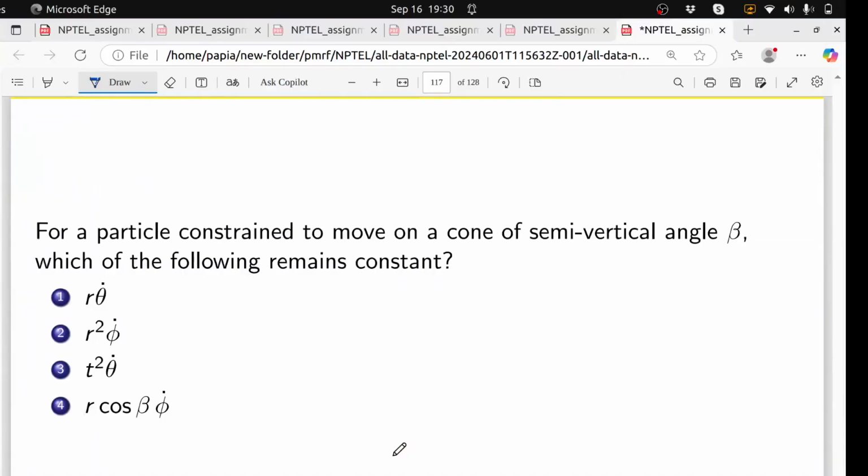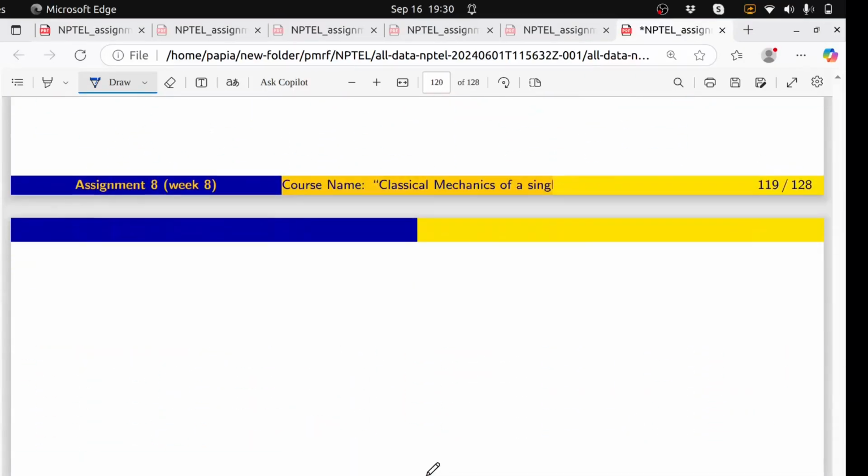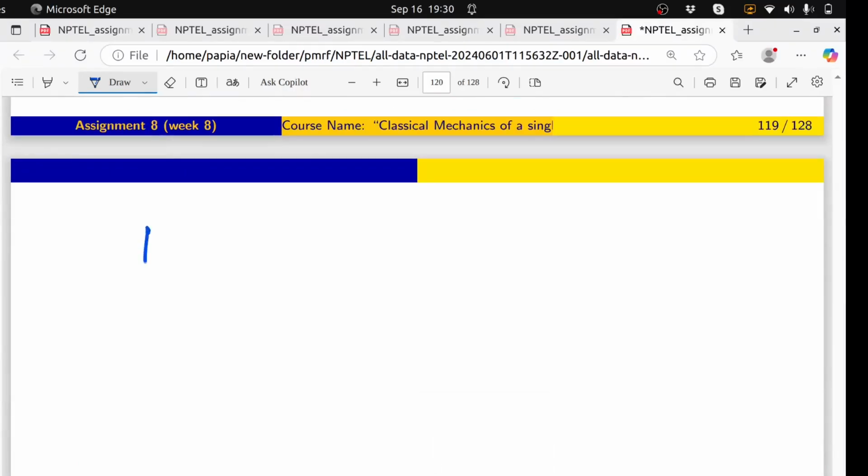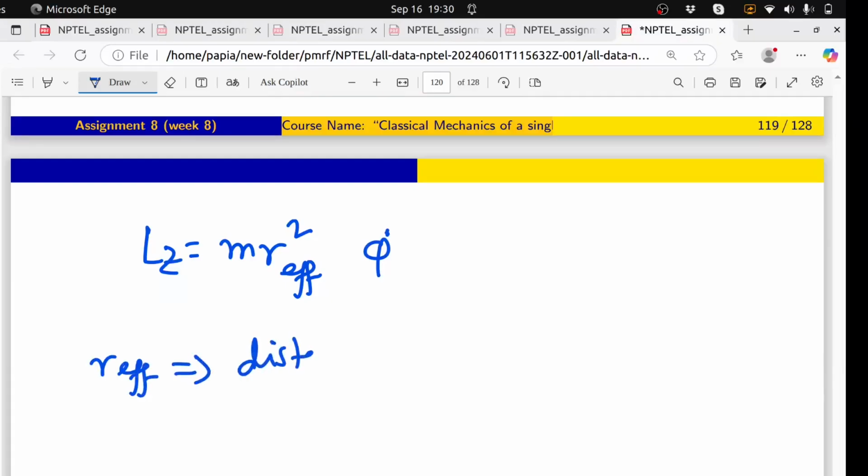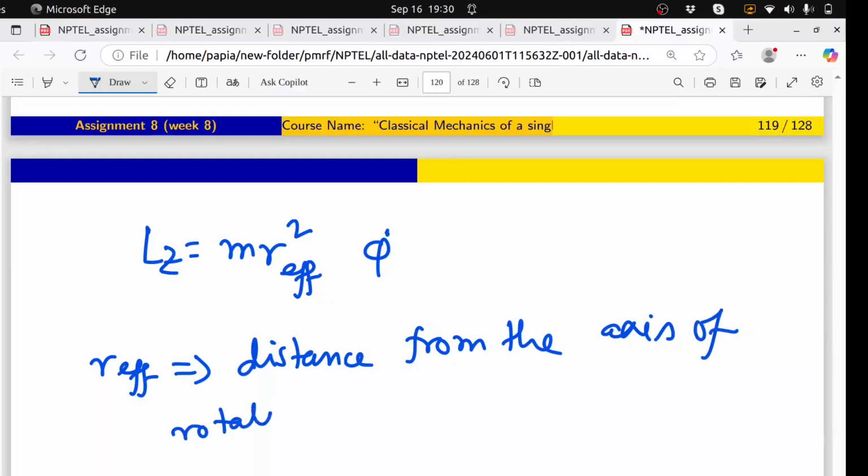Now what is the expression for the angular momentum in this case? The angular momentum expression will be Lz, which is m r square, let's say effective I can say, and phi dot. And what is r effective? R effective is the distance from the axis of rotation.